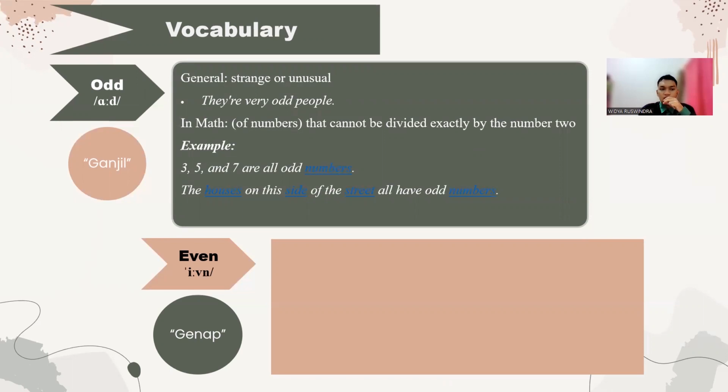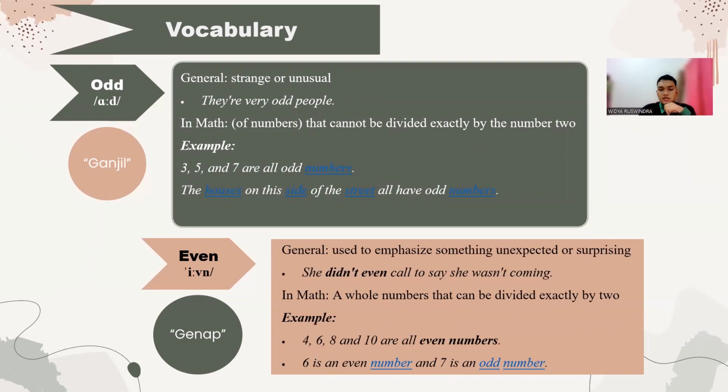The next vocabulary is even, and in Bahasa we say genap. The general definition is used to emphasize something unexpected or surprising. For example, she didn't even call to say she wasn't coming.